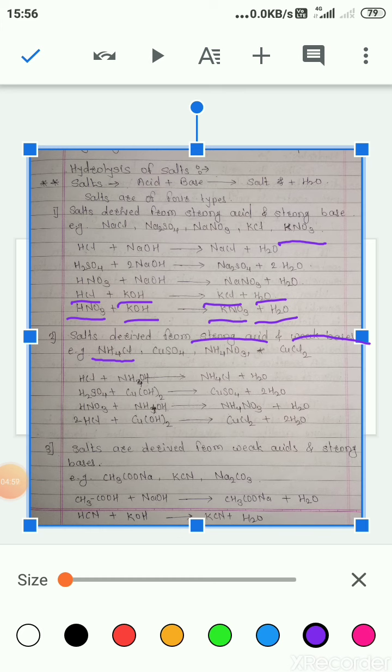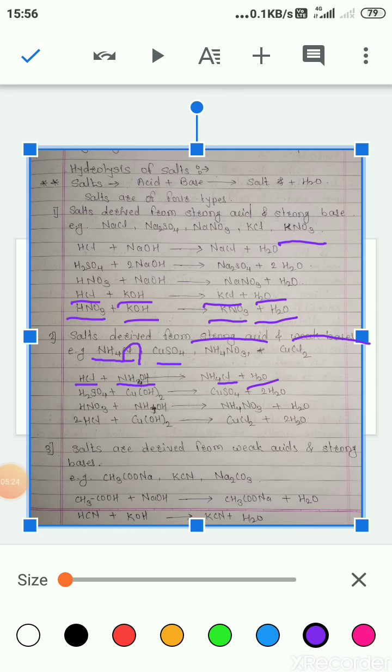If we consider that Cl minus came from HCl, then the base is NH4OH. Therefore, we can assume the base is ammonium hydroxide, NH4OH, and we can write the reaction: hydrochloric acid plus ammonium hydroxide gives ammonium chloride plus water.